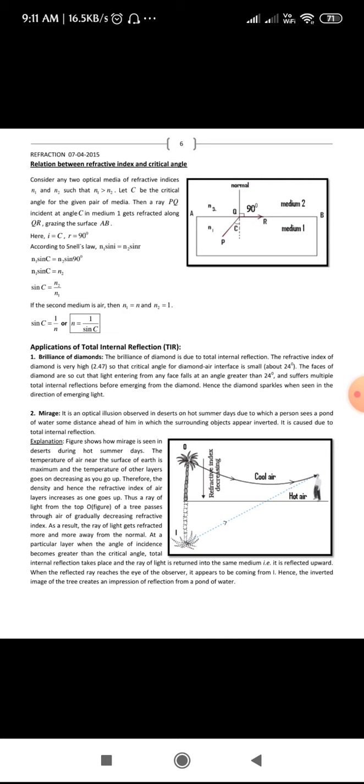If you consider the second medium as air, the refractive index of air is 1, and the refractive index of medium 1 is considered simply as n. Then you get the equation n equals 1 by sin C. So there is a relation.